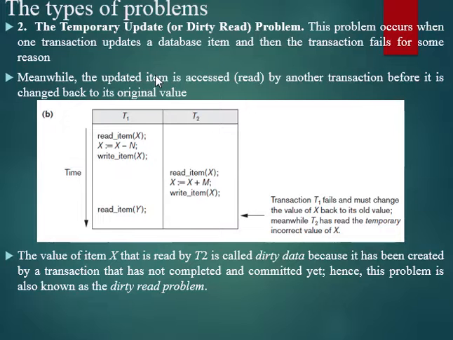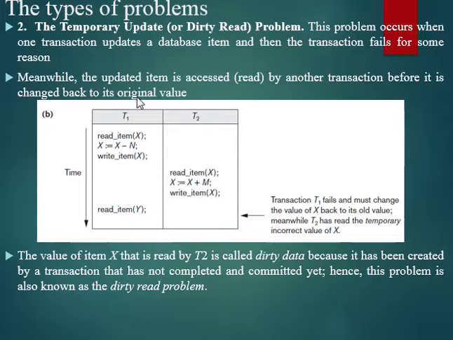And after that T2 reads the value. So it got the value of x as 50 minus 20, which is 30. Okay, and it updates using m.